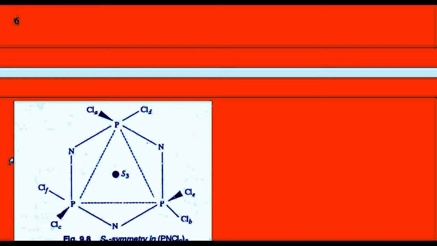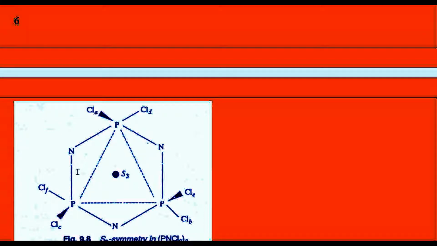Here you can see that just like benzene, the phosphorus and nitrogen atoms are arranged in a hexagonal plane. The phosphorus and nitrogen atoms are arranged alternately, and you will also see that the 3 phosphorus atoms make a triangle.